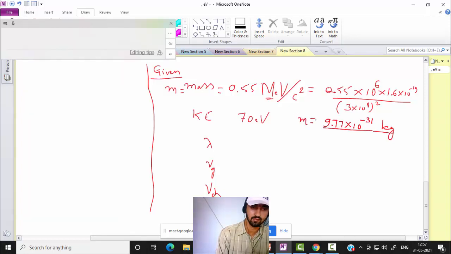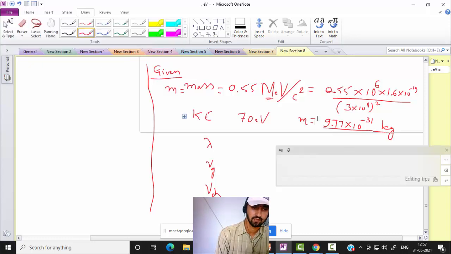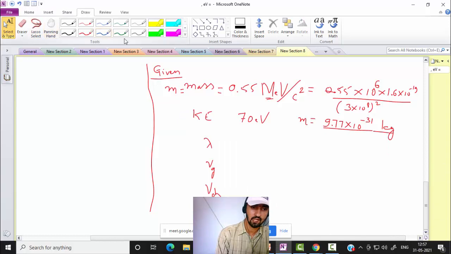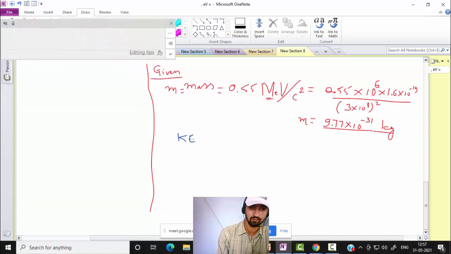Okay, correct it is. Next is the kinetic energy. It is also given. Please do take the kinetic energy. What is the denotation for the kinetic energy? In the de Broglie equation, the kinetic energy you are taking as E, no?